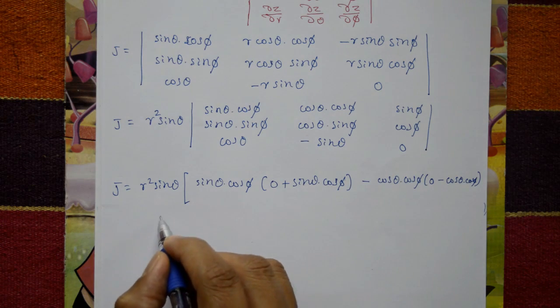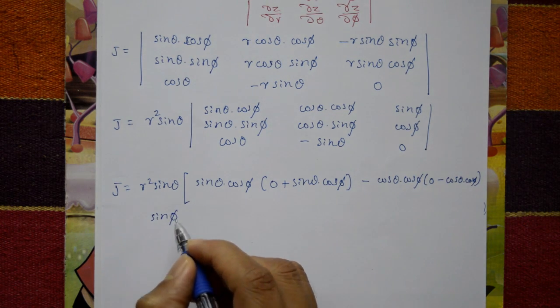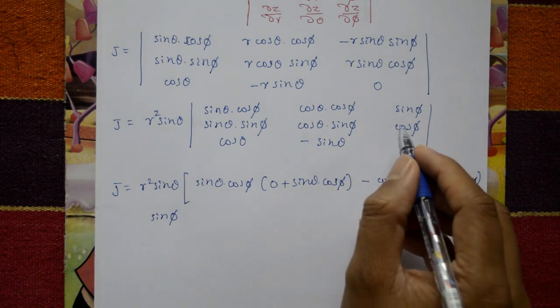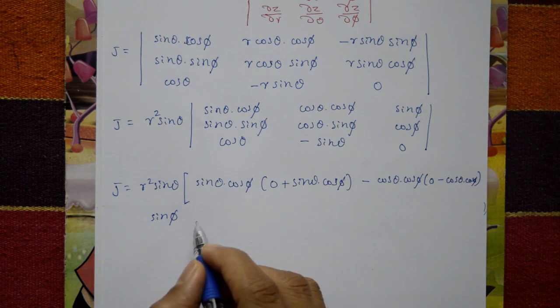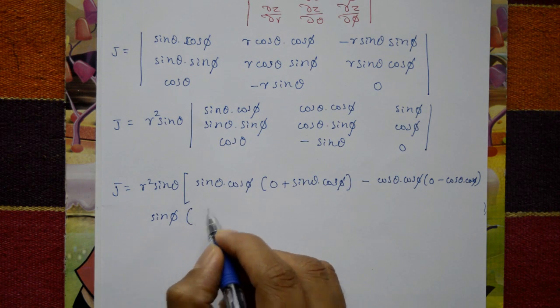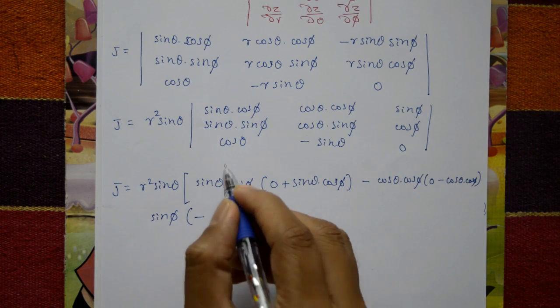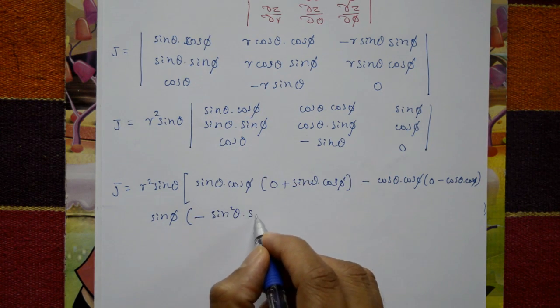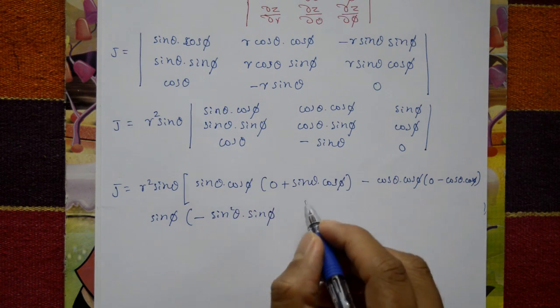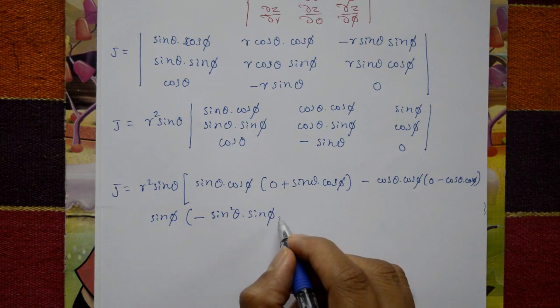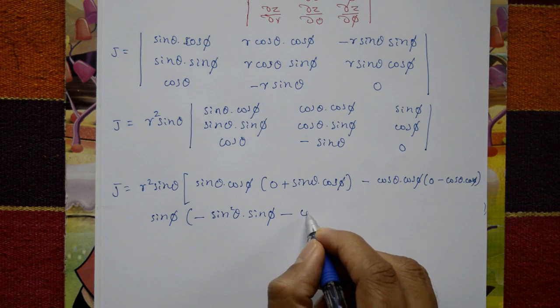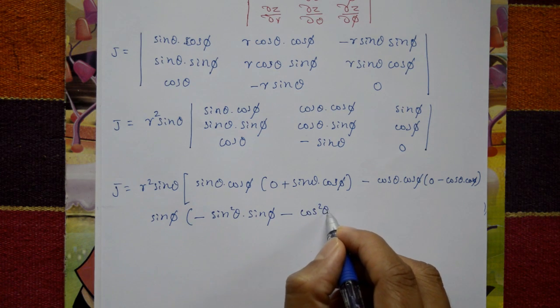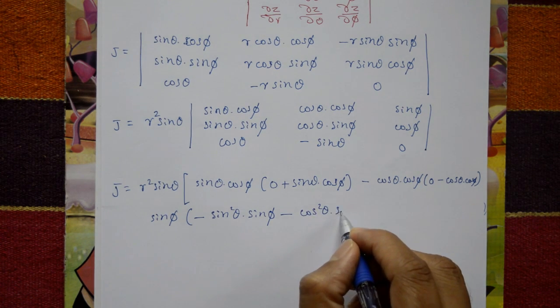Now third one is sin phi, taking these four elements, the multiplication gives minus sin square theta sin phi and minus cos square theta sin phi.